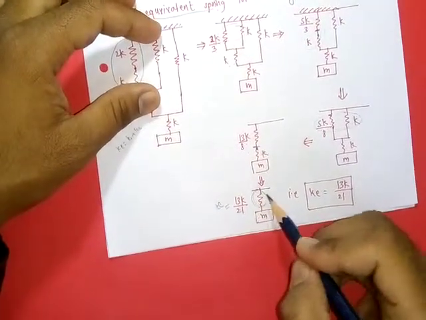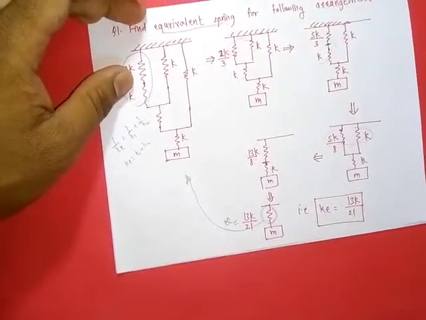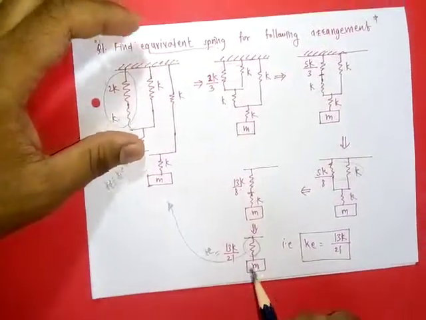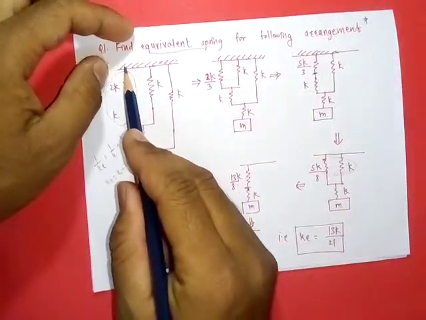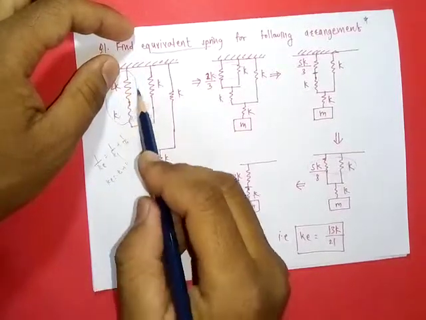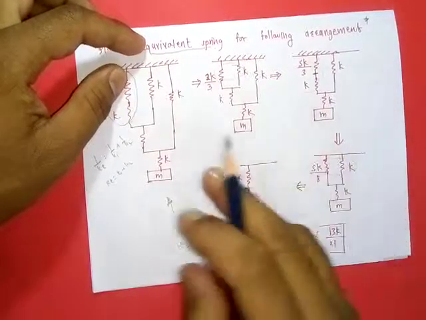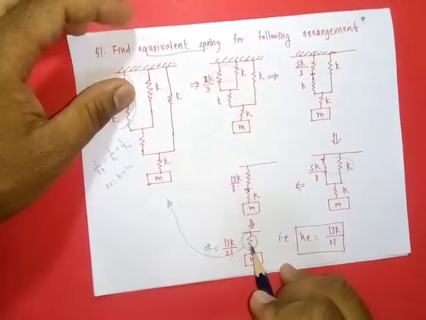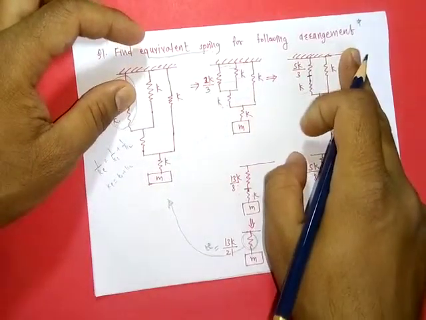This single spring will represent our given system equivalently. So this is our equivalent spring system. Here we started from one section and solved each section part by part. We have converted the total system to a single spring mass system. This is the equivalent spring mass system arrangement.